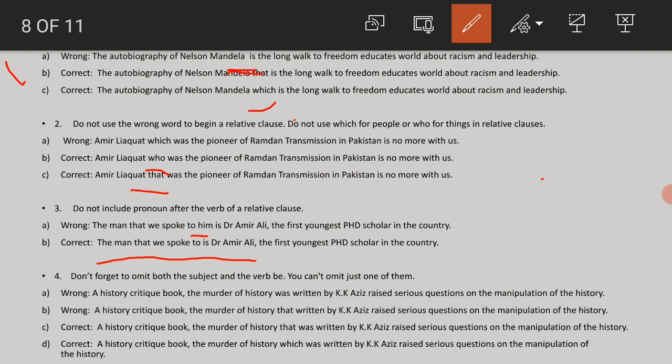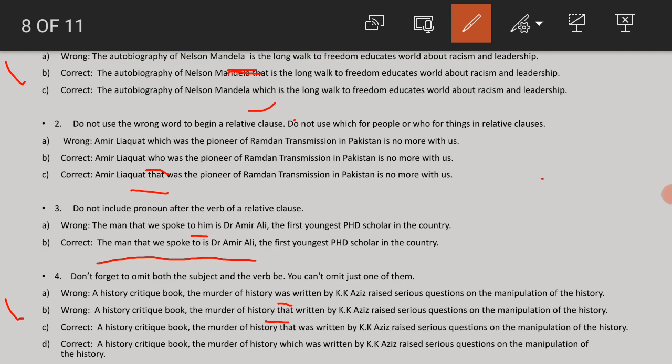Now look at the example. A history critique book, The Mother of History, was written by K.K. Aziz, raised serious question. Now look at this be verb was. Here what a student has done, he has reduced relative pronoun without reducing be verb. In the second sentence, the student has reduced be verb and not the that. So that is there, but was is missing.